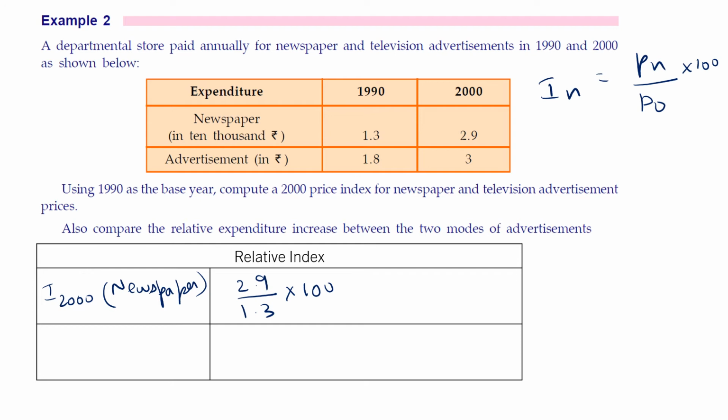And then we should also find the relative index number for television advertisement price. So I2000 of television advertisement is Pn upon P0 into 100.